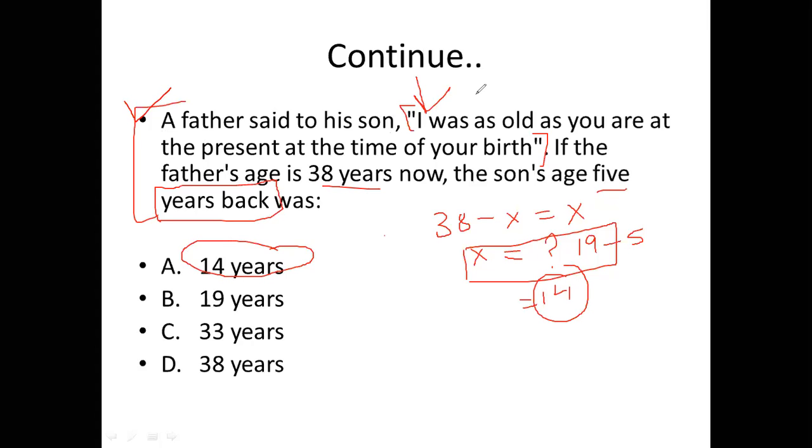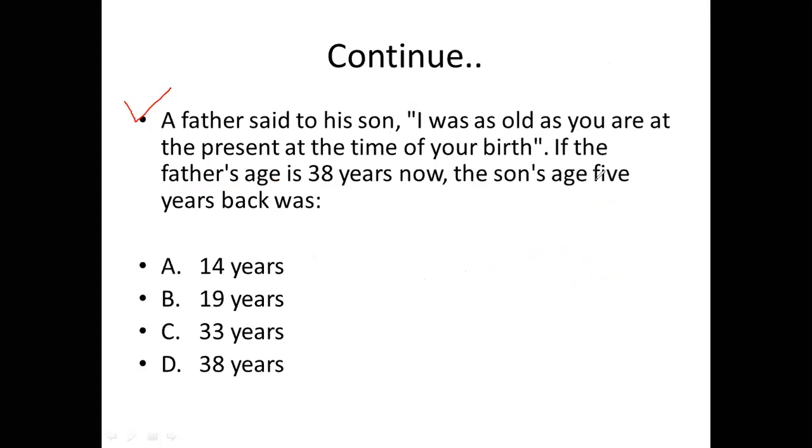Okay, moving on to the next problem. Sir, how did 19 come? Just now I told you, Himanish. 38 minus x equal to x. Yes. So now we take 2x to the other side. What will happen? It is 2x equal to 38. We have to find x. x is equal to 38 divided by 2. How much will it be? Yes, sir, 19.